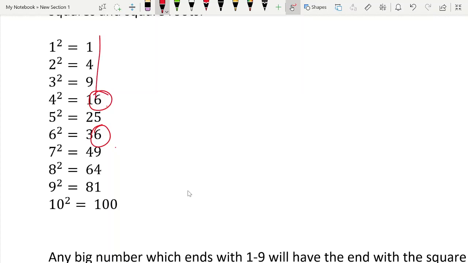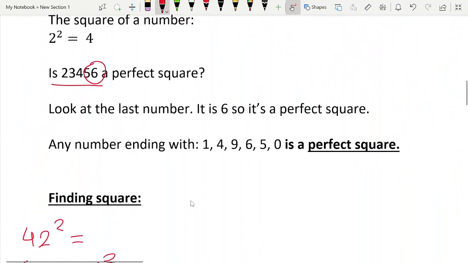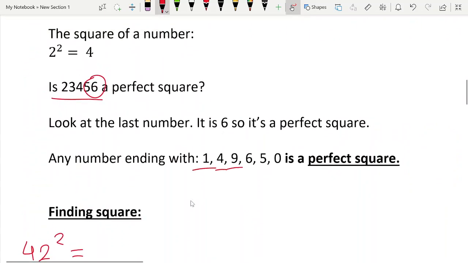Or any of these digits on the end, actually. You see, I've written here that any number ending with 1, 4, 9, 6, 5, 0 can be a perfect square.